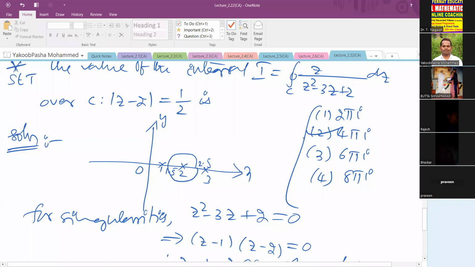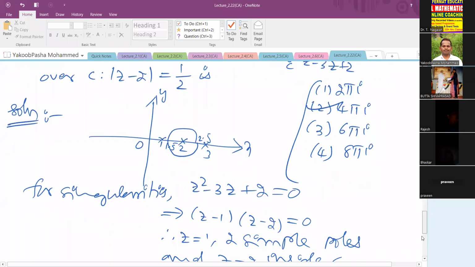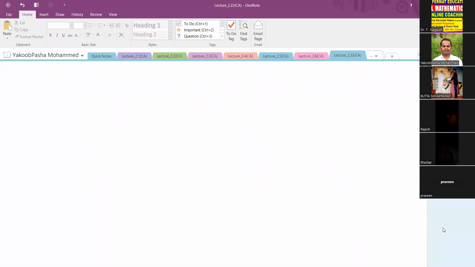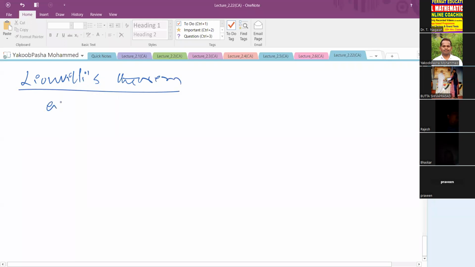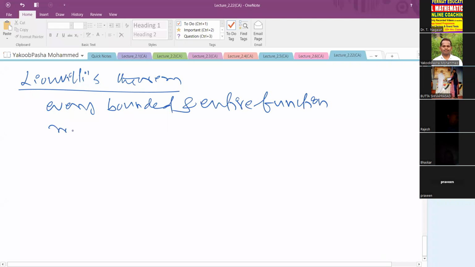Now I'm taking another problem. Before taking this problem, as we know the Liouville theorem, which we already discussed: every bounded and entire function must be constant.